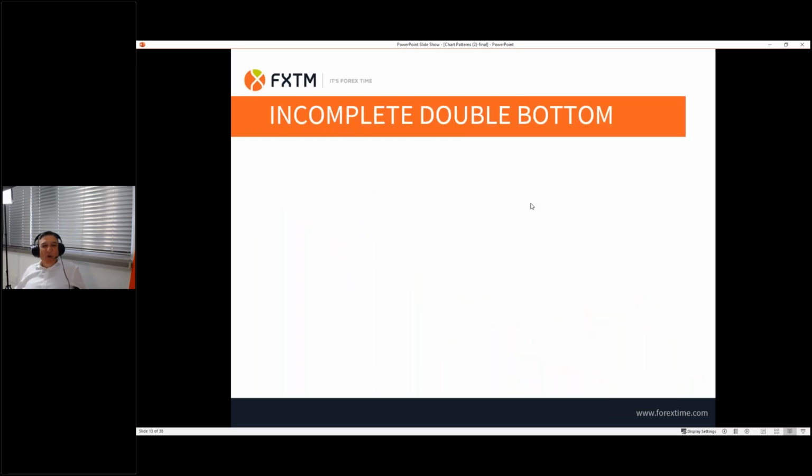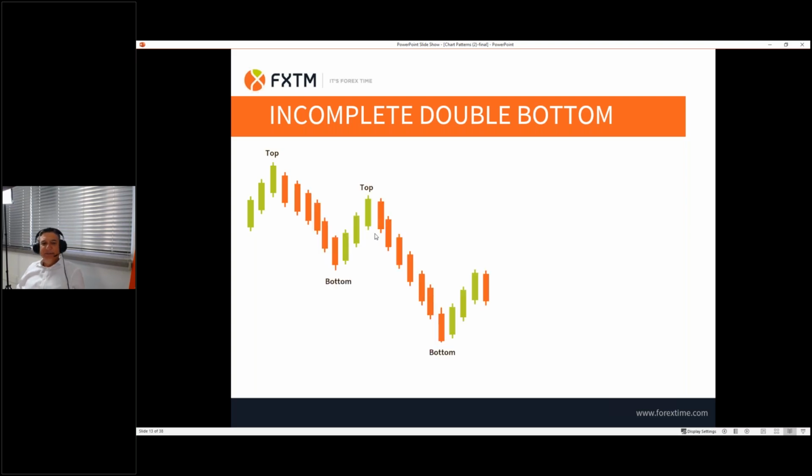Thank you. We go on in complete double bottom. Never forget that we do not want to trade incomplete formations. We care only to identify complete reversals. So this is a beautiful downtrend.